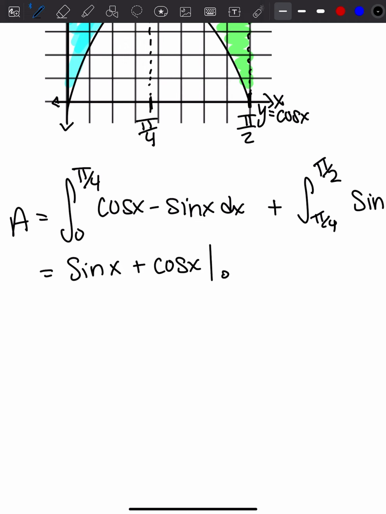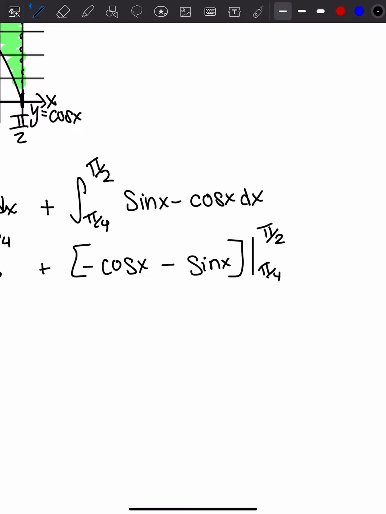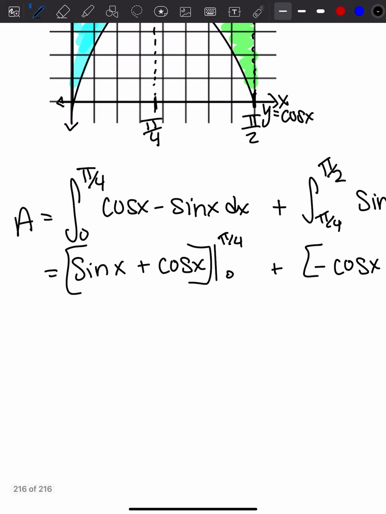And this is evaluated from 0 to pi over 4, plus the integral of sine is negative cosine, minus the integral of cosine, which is sine, evaluated from pi over 4 to pi over 2. And this is where I would probably use brackets to make it really clear that we integrated both those pieces on that side.